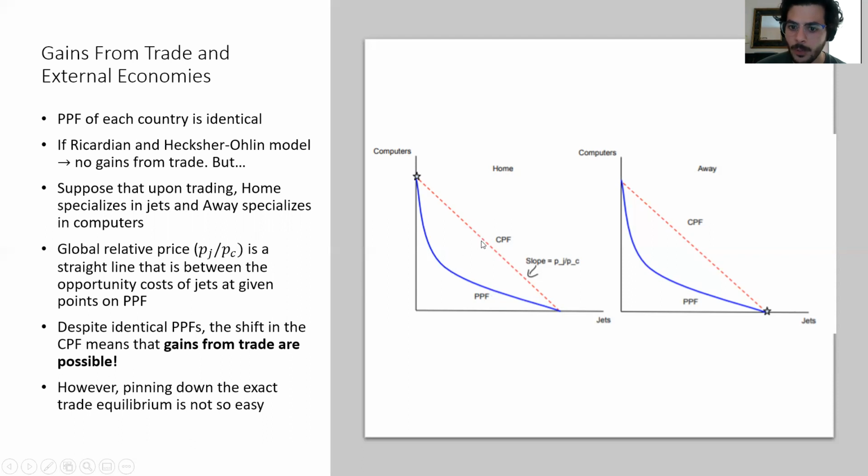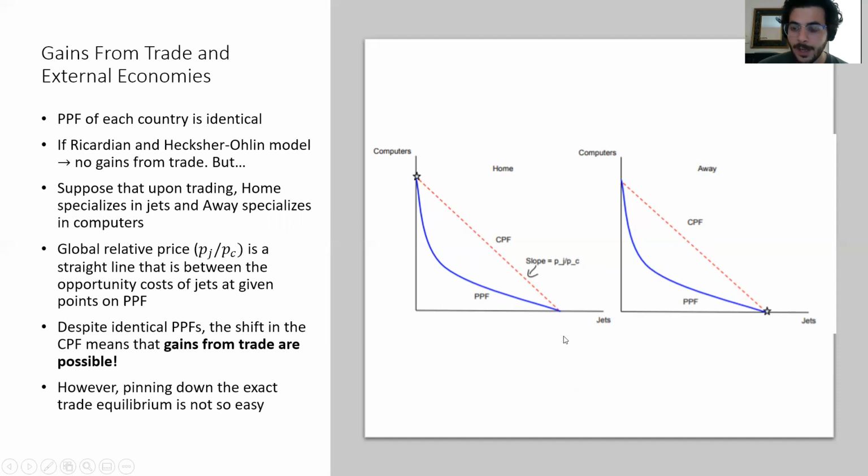So if they like to have both, they're going to be better off from trade. And in a way, they are specializing in jets, but if they trade for computers, they get to move along this line, has a slope greater than the slope of their PPF, and you can see that they also have a gain from trade. And again, the gain from trade is largest if they're consuming similar quantities of jets and computers. So in this middle here.